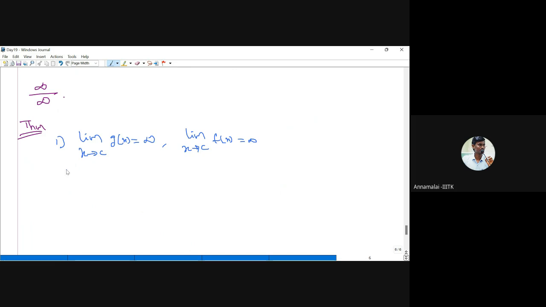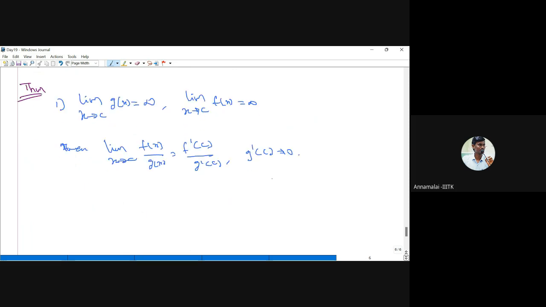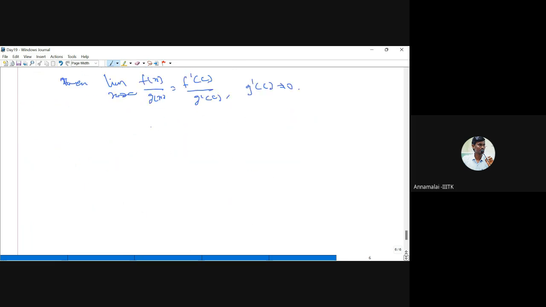Then the limit as x goes to c of f of x by g of x is nothing but f dash of c by g dash of c, provided g dash of c is non-zero and f dash of c and g dash of c exist. You have all studied these things in your class, right? L'Hospital rule, infinity by infinity, 0 by 0. Any other form you can convert into one of these forms. Maybe we'll discuss some examples to find the limit of a function.